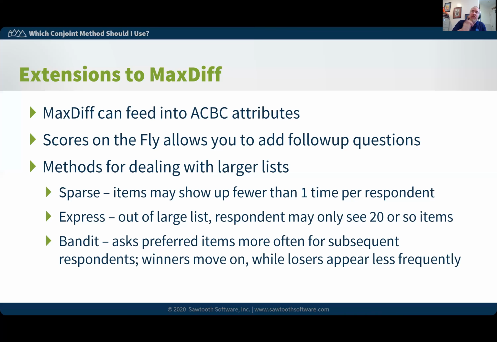And we're going to draw those best items to include for the next respondent more often than we draw the worst items. And so what happens is things start percolating up and down. The items that get rejected as worst over and over again will start not appearing in the designs, and we're going to show the best items more and more often. And so by the end of the experiment, you're just looking at the best items.